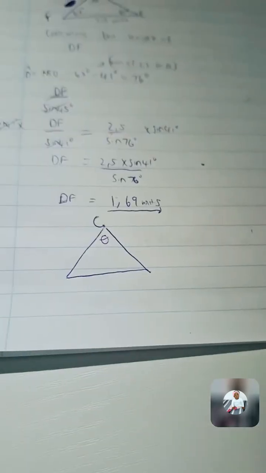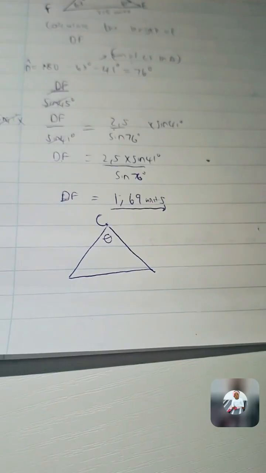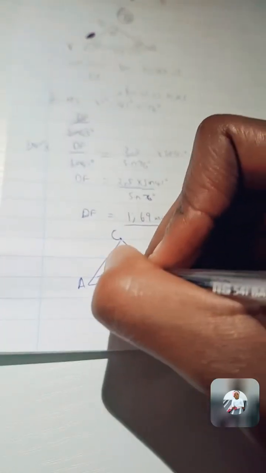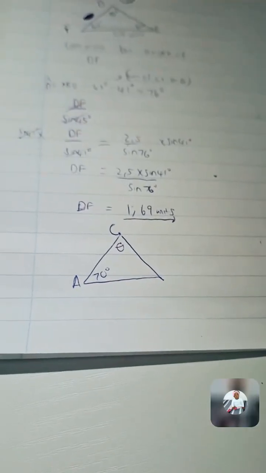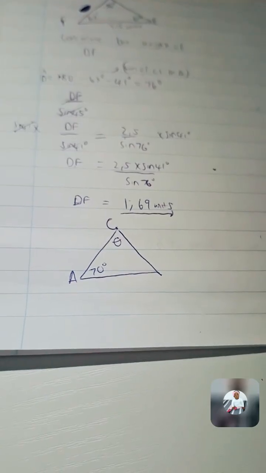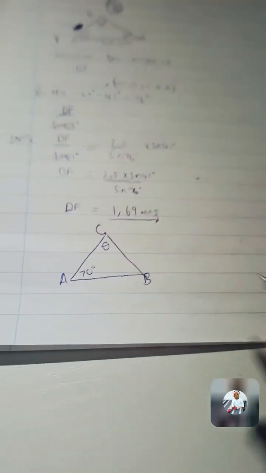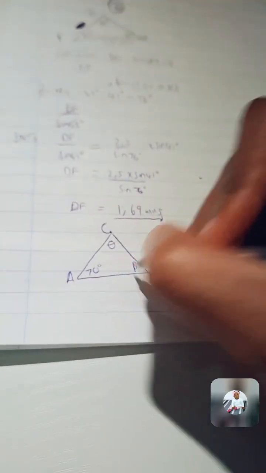Then A at the left corner, we have our angle 70 there. And then we have our B here, and angle beta.